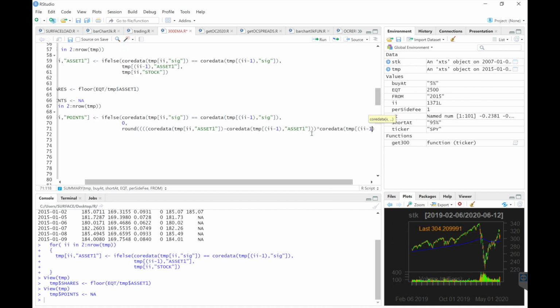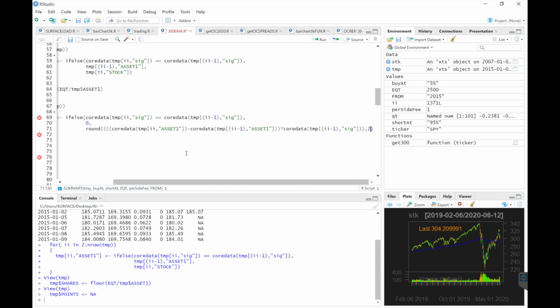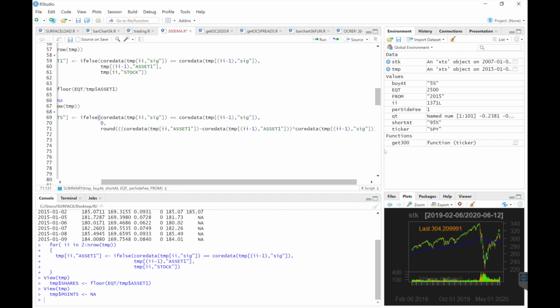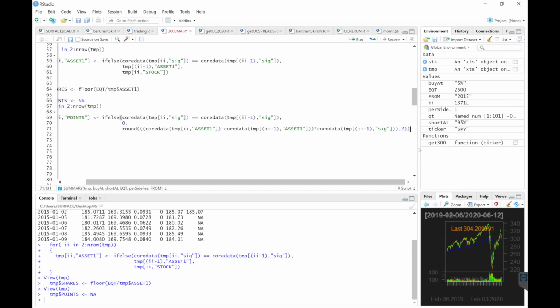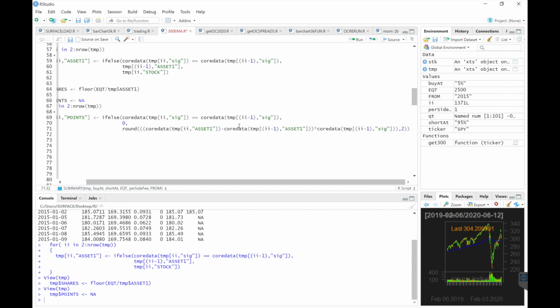This is our lag signal. Alright, so we're going to calculate the difference between the current asset price minus the previous asset price, multiply that by our lag signal, and then we're going to round that to 2 decimal places.